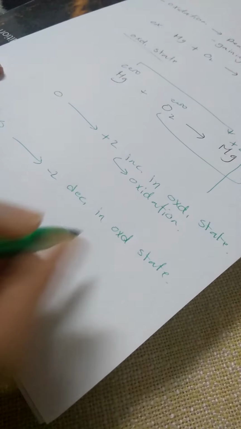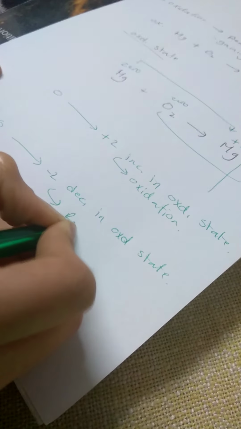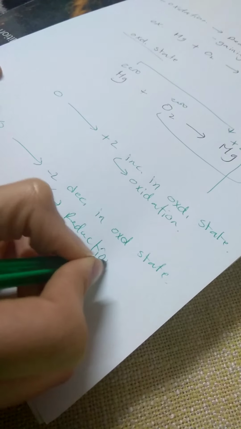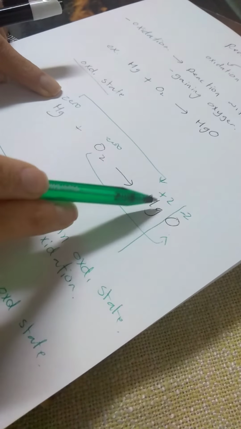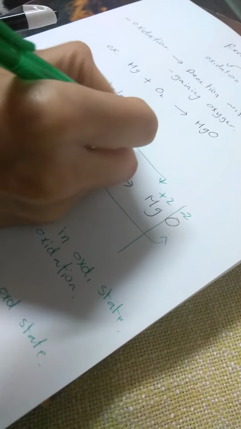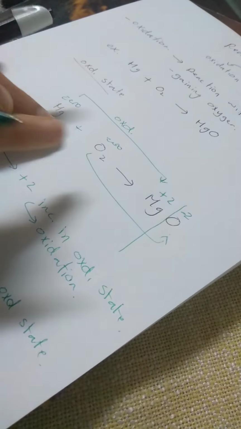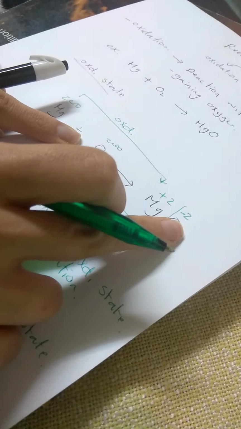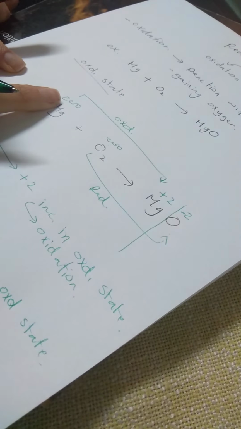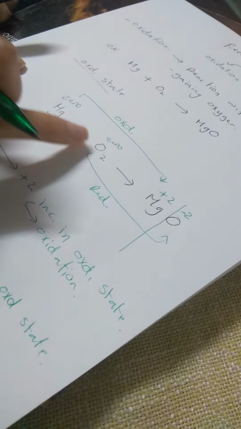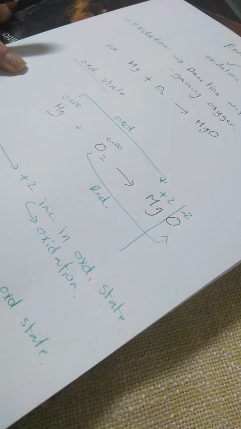Any decrease in the oxidation state is called reduction. So from 0 to +2 in magnesium, this is oxidation. And from O2, from 0 to -2, this is reduction. So this is a redox reaction: oxidation of magnesium and reduction of oxygen.